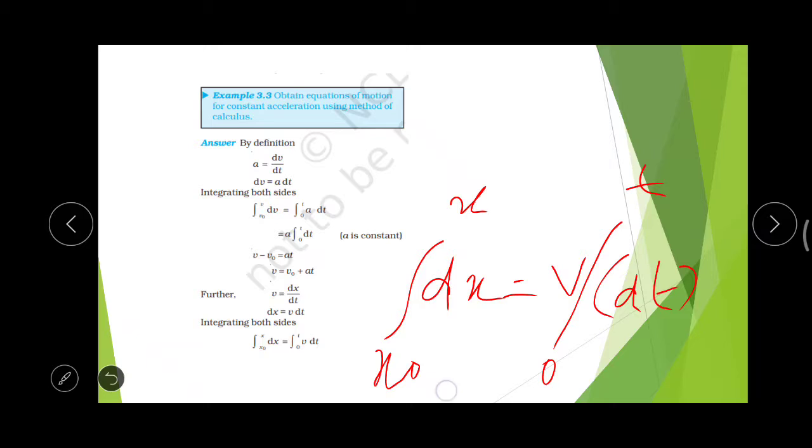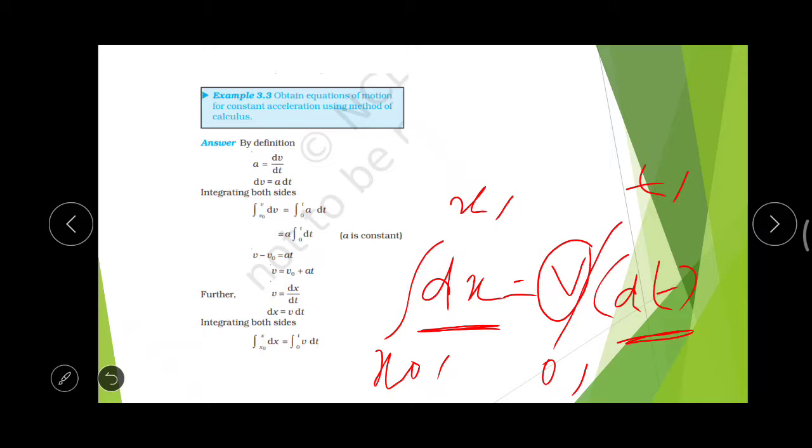So x0 is the initial point, x is the final point, 0 is the initial time, t is the final time. dx is a small displacement, the time required for that displacement is dt, and the velocity with which that body is moving is v. So these are the things that you have.